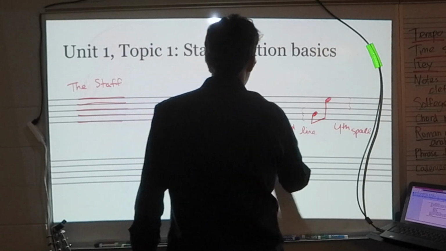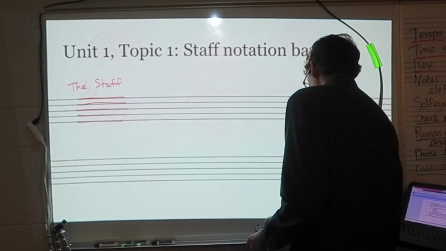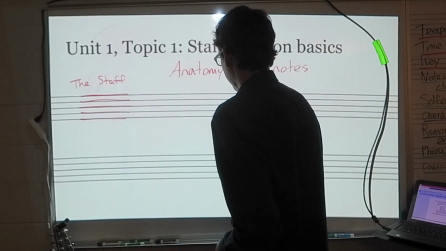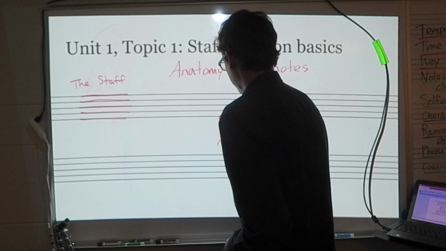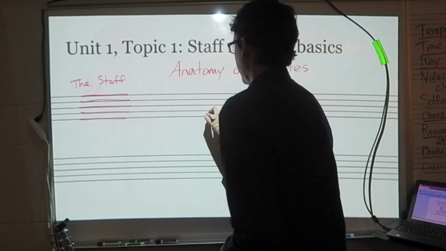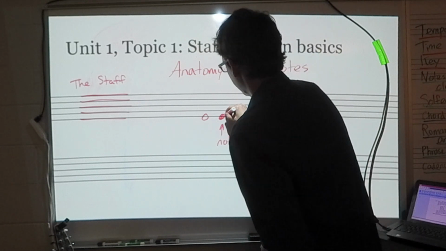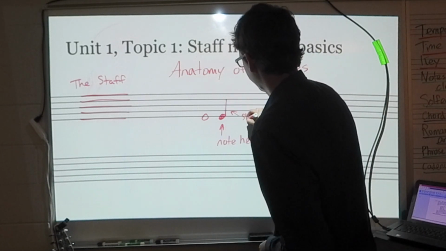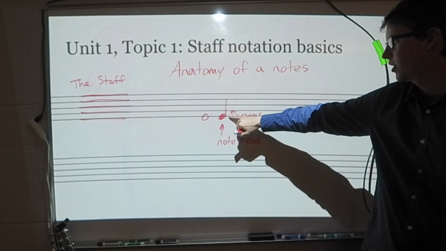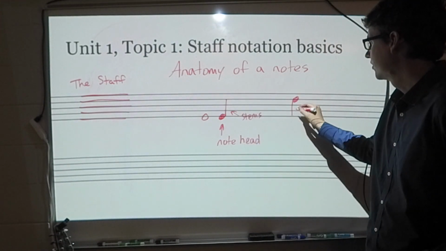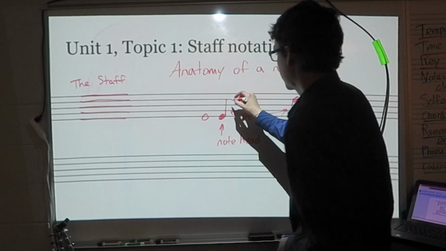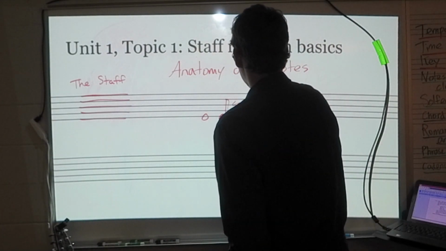The last thing I'll talk about in this recruitment video: notes have note heads, which are either solid or empty. And then they have stems, which go up when the note is on the bottom part of the staff, or down when it's on the upper part of the staff.